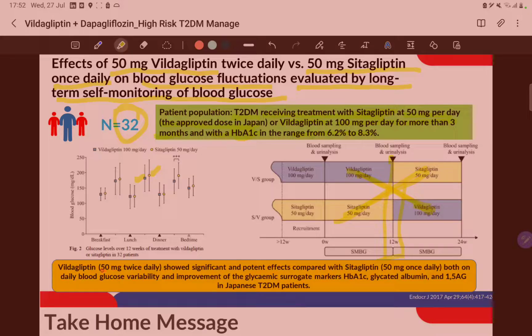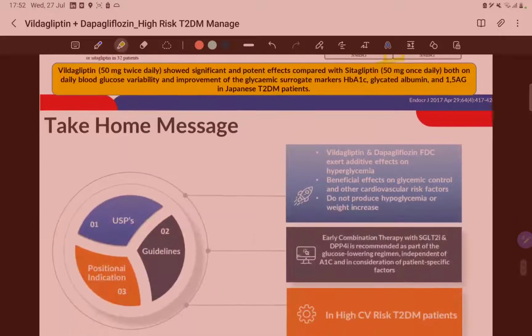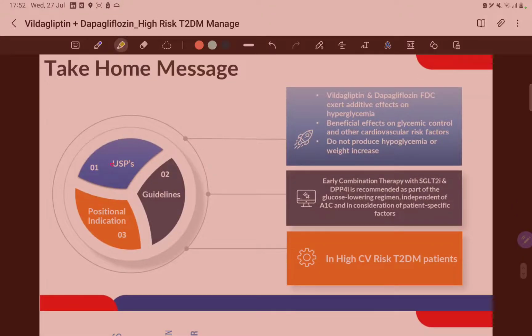Now vildagliptin 50 milligram twice daily showed significant and potent effects compared with sitagliptin 50 milligram once daily, both on daily blood glucose variability and improvement in the glycemic surrogate markers like HbA1c, glycated hemoglobin, and 1,5-AG in Japanese type 2 diabetes.